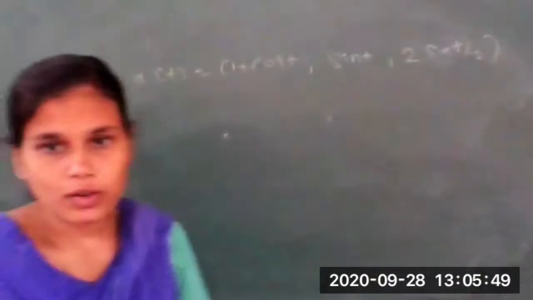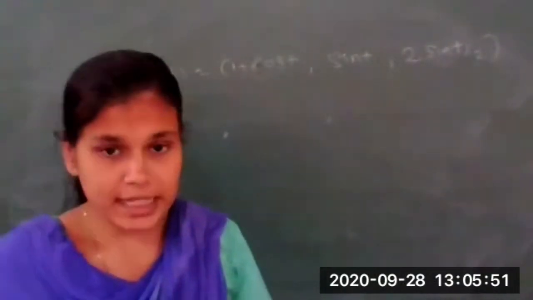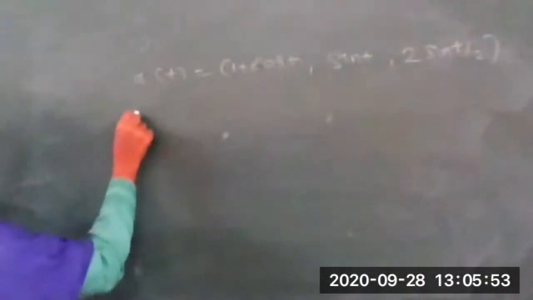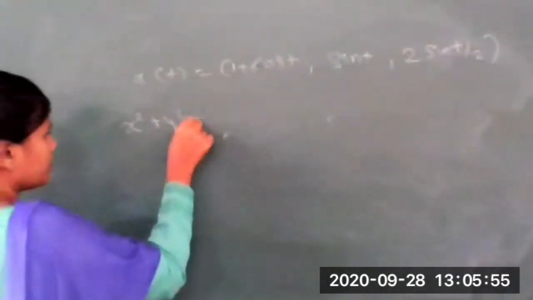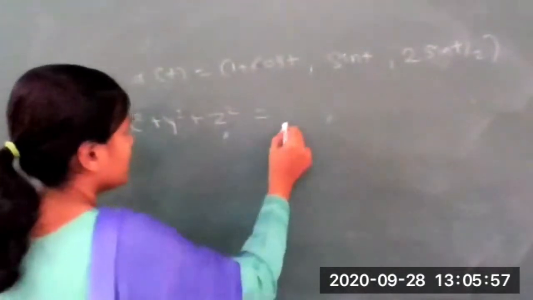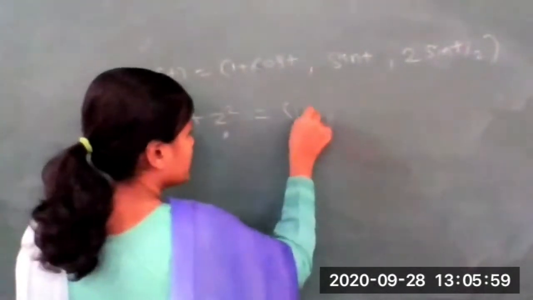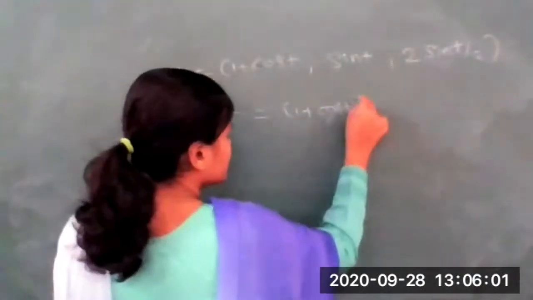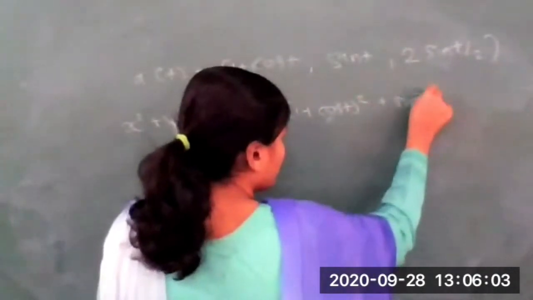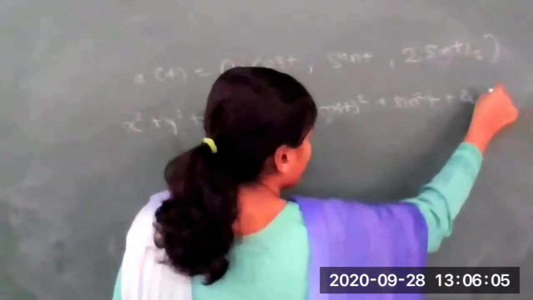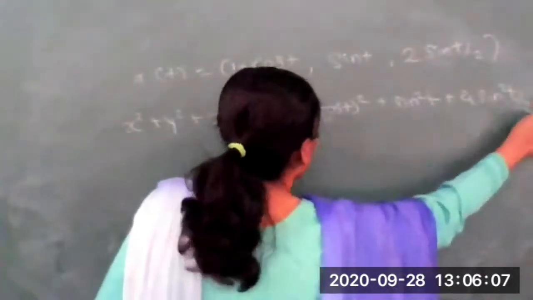So, before drawing, let us see what x square plus y square plus z square will be. Correct? If I write this: (1 plus cos t) square plus sin square t plus 4 sin square t by 2.